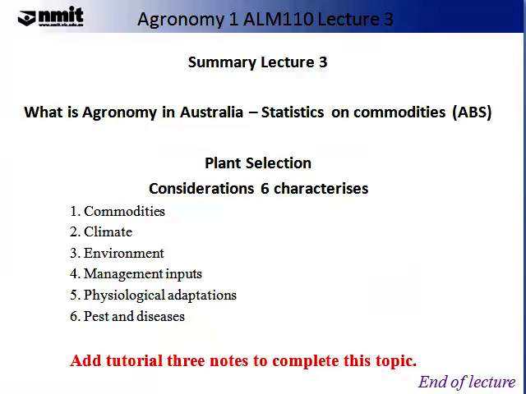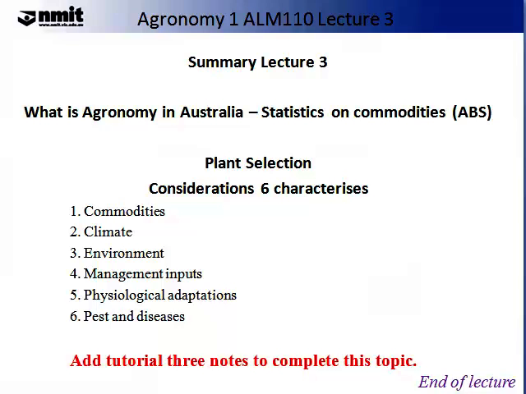In summary, we have covered the following topics. What is agronomy in Australia? We have looked at a combination of statistics on commodities from the ABS, based on economic worth, land mass area coverage, and a production base.